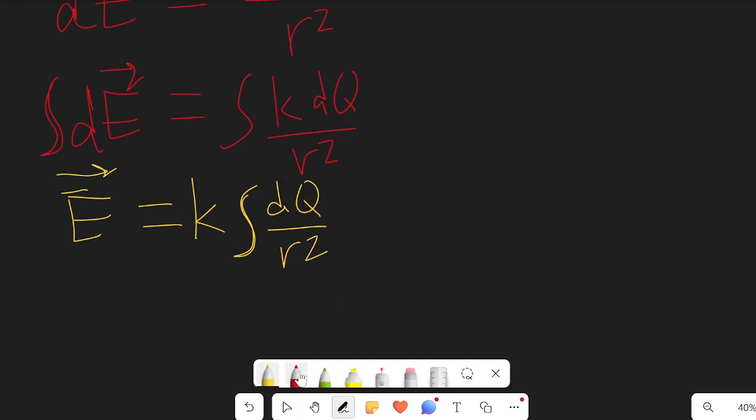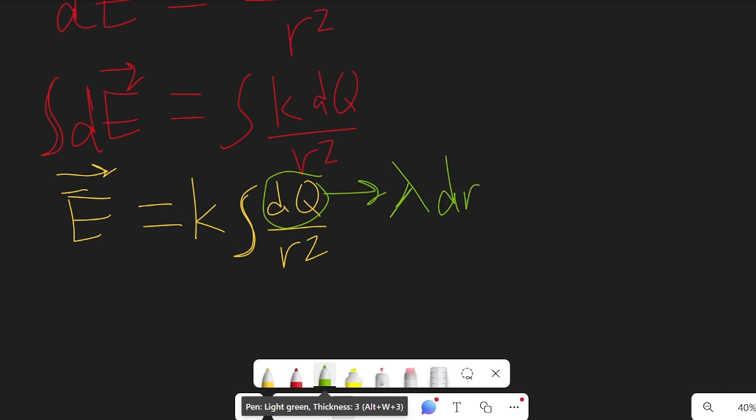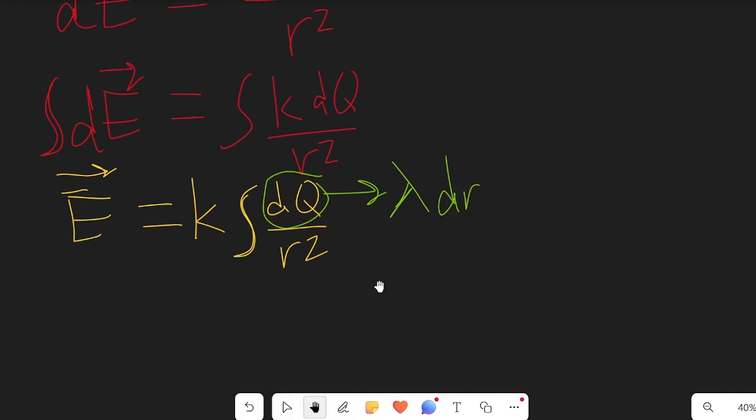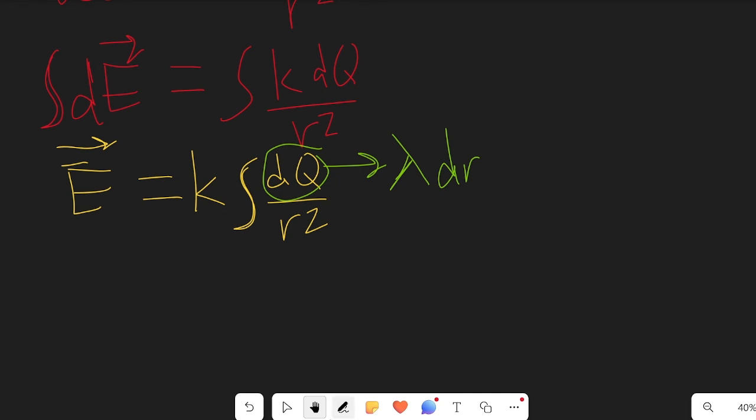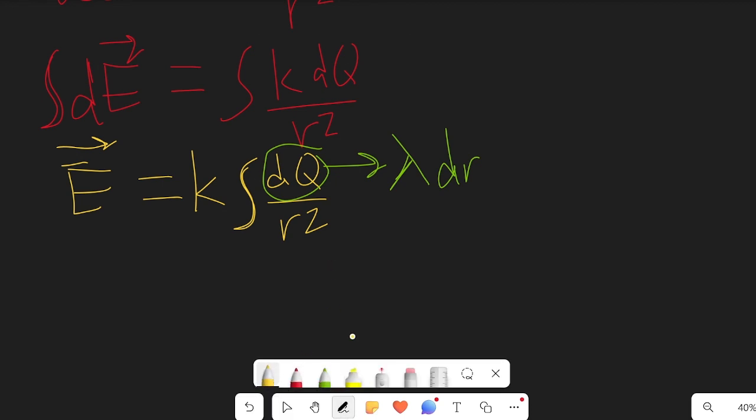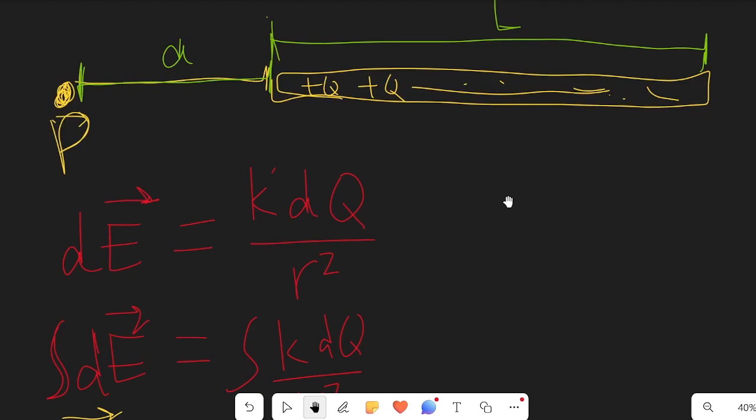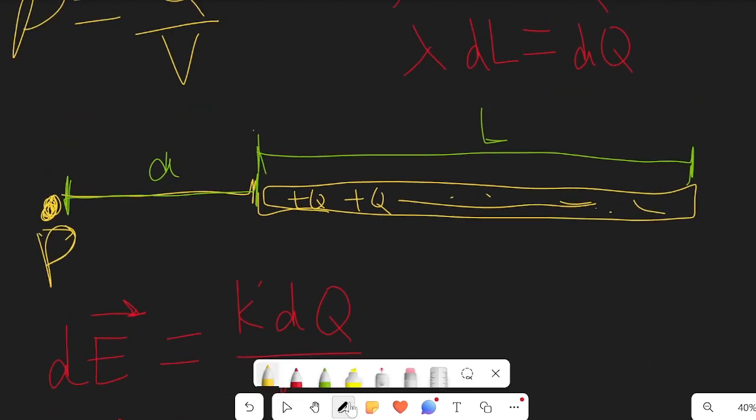Because the rod is linearly symmetric, we will substitute this with the linear charge density times dr. As for the bounds, we'll simplify later, but let's define two points, point A here and point B here.